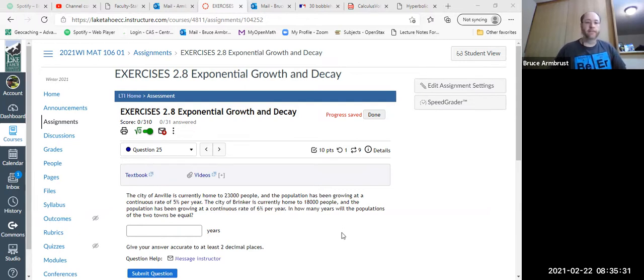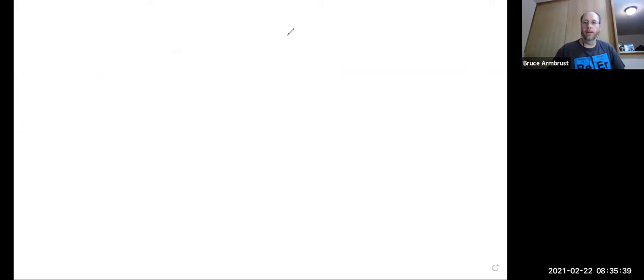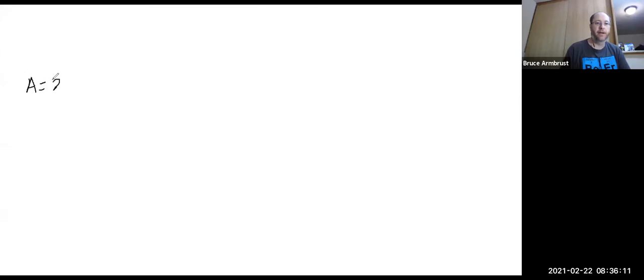All right, so let me switch to a whiteboard here real quick. And let's see if we can answer this. All right. So basically, we've got two different functions going on here. I'm going to call them A and B. I think that's probably why we were told they were Anvil and Brinker. So A is equal to, now, they told us that it's currently home to 23,000 people and it's increasing at a rate of 5% per year.